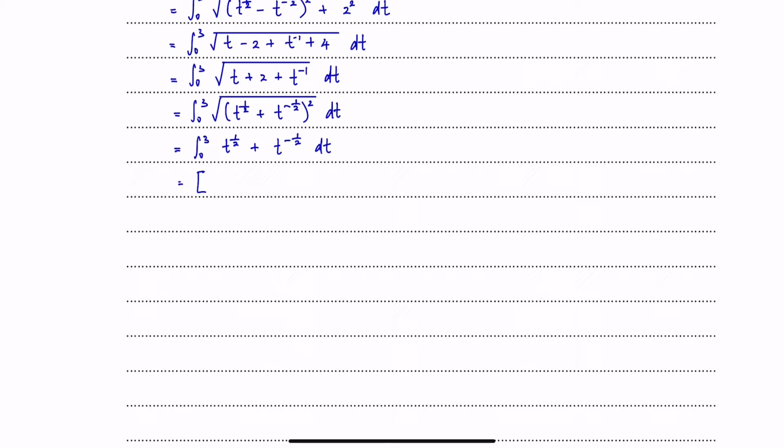And now we can just integrate it. We get 2 over 3 times t to the 3 over 2 plus 2t to the 1 over 2.